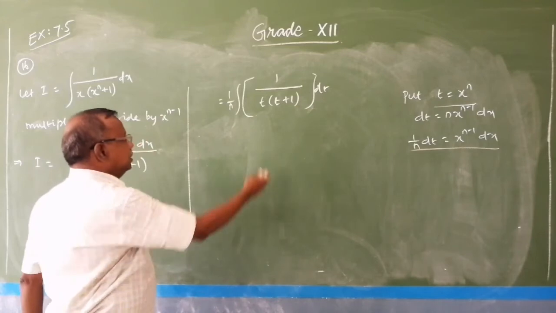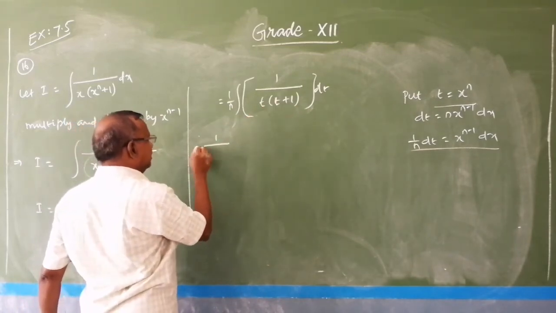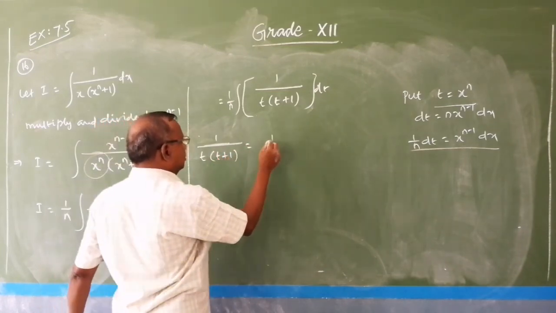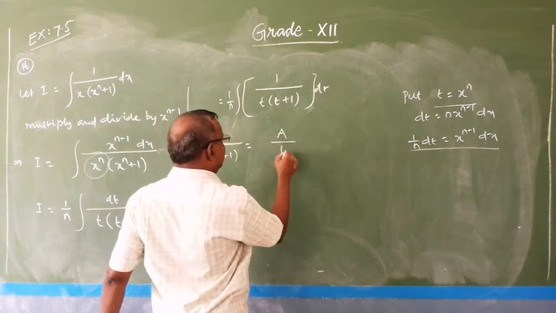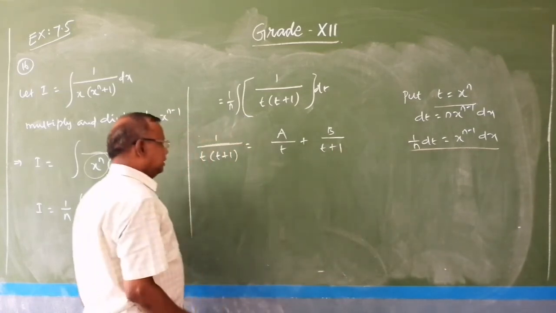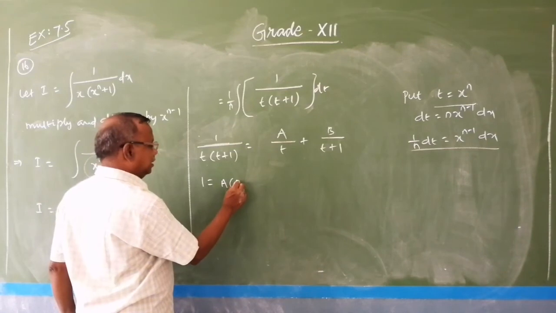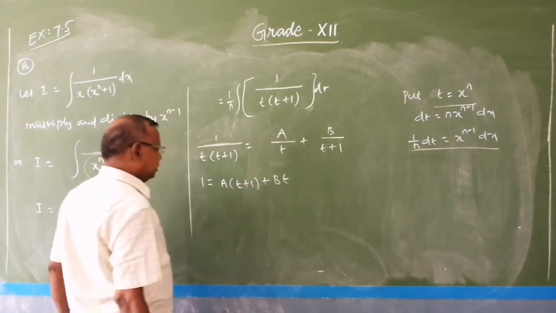Now we have to split this fraction, that is, 1 by t into t plus 1 equals a by t plus b by t plus 1. In the numerator, that is, 1 equals a into t plus 1 plus b into t.